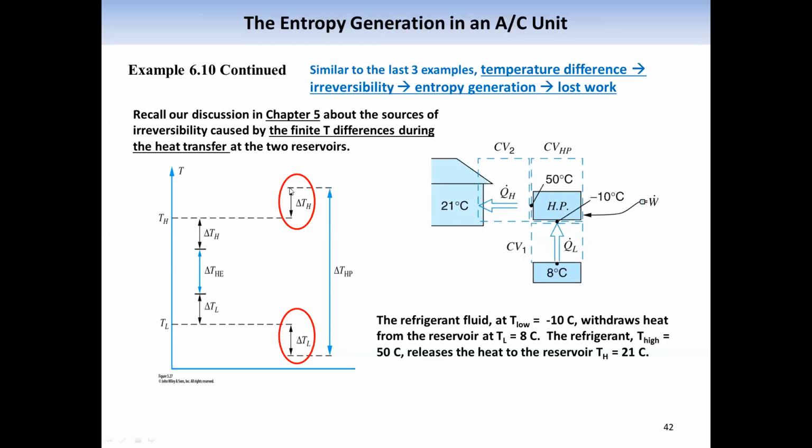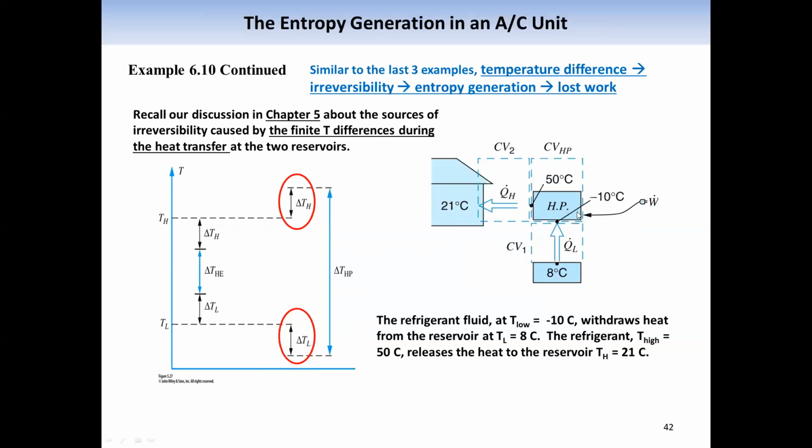Therefore, in order to reject heat to the high temperature reservoir, the fluid temperature in the heat pump must be higher than T sub H. Then we can draw the third control volume like this.